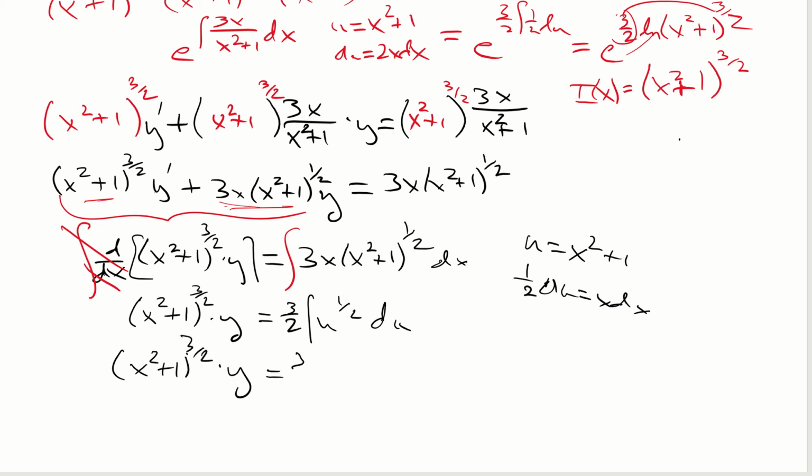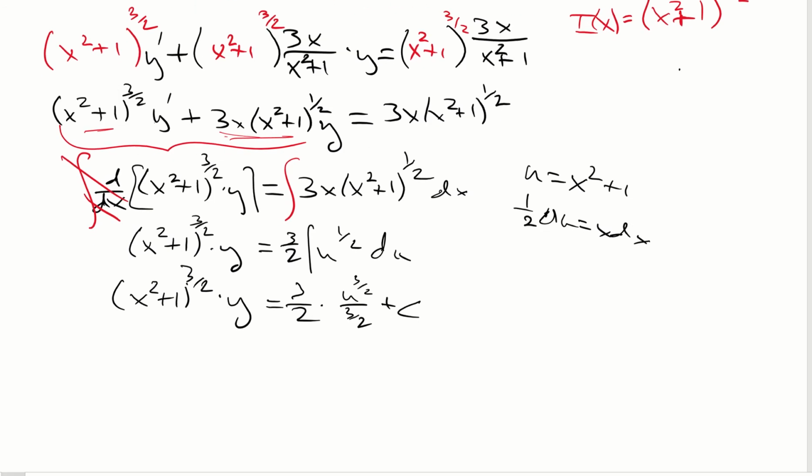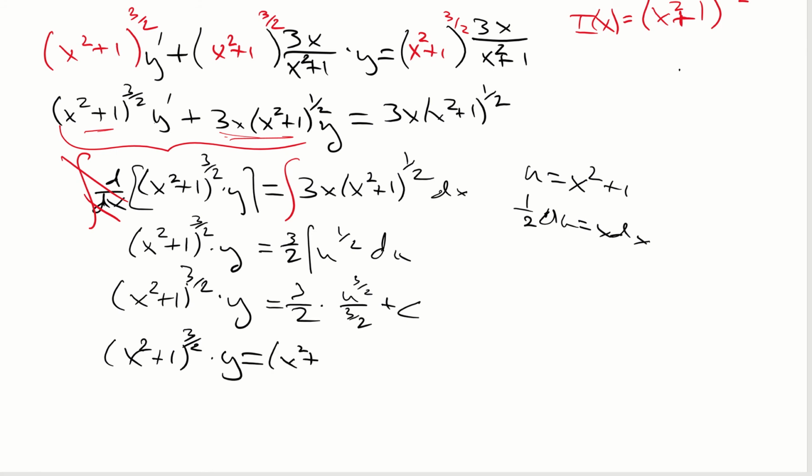This is going to be 3/2. Now this is going to be u to the 3/2 over 3/2 plus c. That guy's going to cancel. So we've got x squared plus 1, 3/2 power times y, and we've got x squared plus 1 to the 3/2 power plus c.